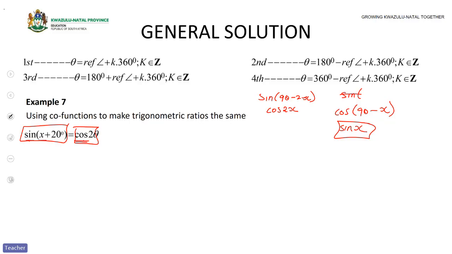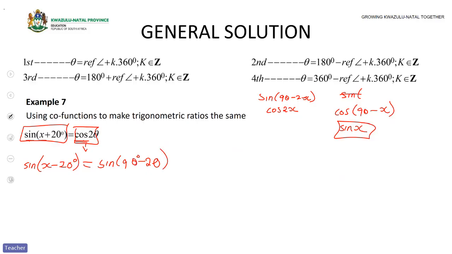We have sine, you also have cos. So we can change this cos 2 theta and write it to be exactly the same as sine. So it's going to be sine of 90 degrees minus 2 theta.